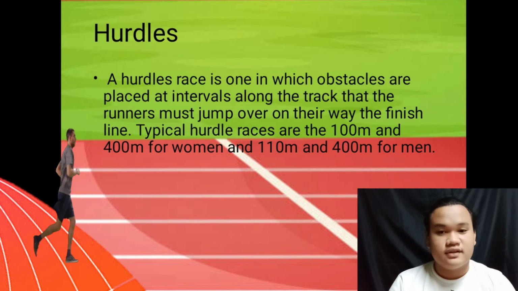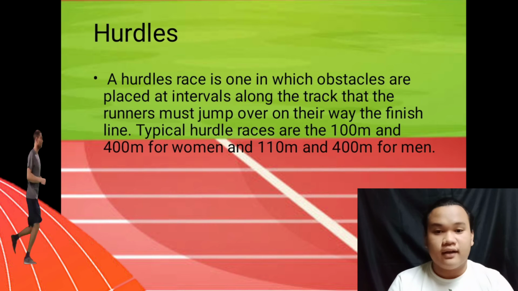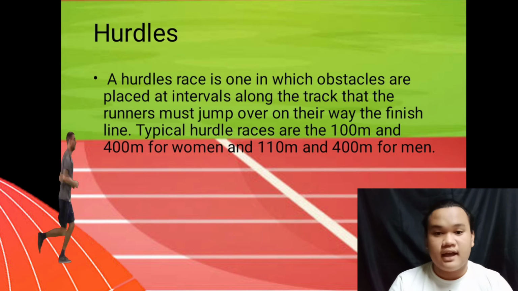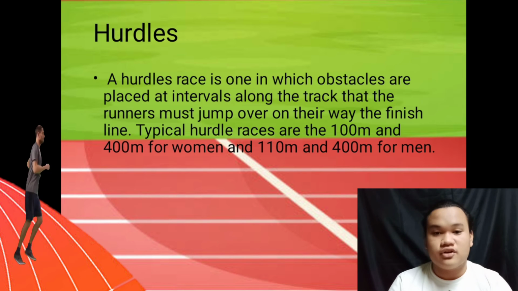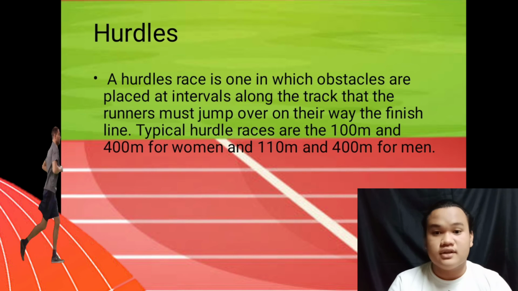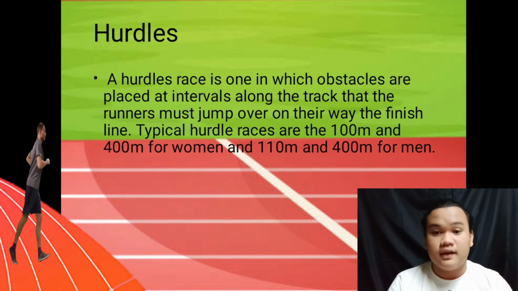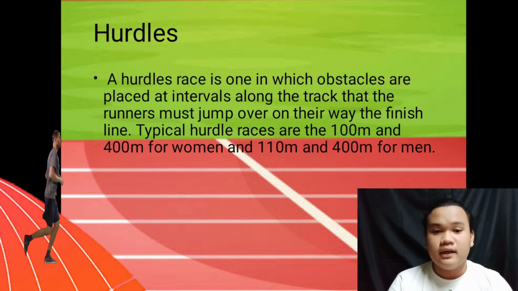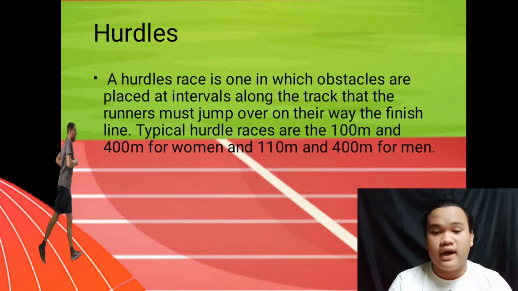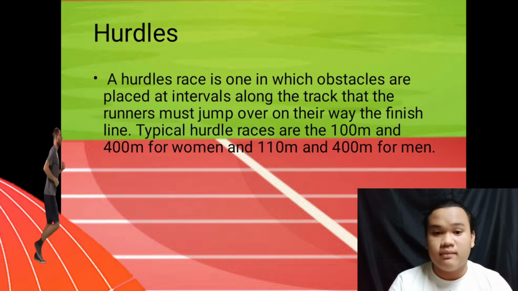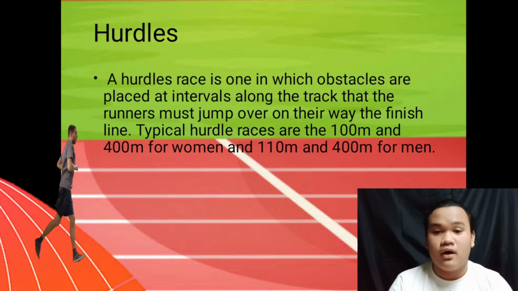Next one is the hurdle. A hurdles race is one in which obstacles are placed at intervals along the track that the runners must jump over on their way to the finish line. Typically, hurdle races are the 100 meters and 400 meters for women and 110 meters and 400 meters for men.